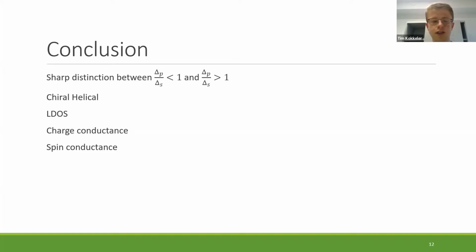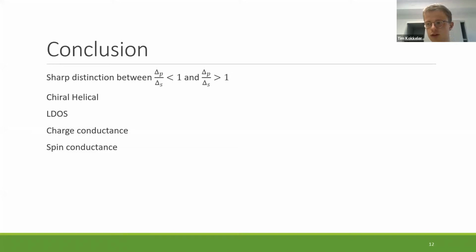For the local density of states and the charge conductance, we saw that the qualitative patterns are relatively similar for both cases, but there are some clear features, most notably the zero energy behavior, which is robust against the inclusion of a non-dominant component for the S plus helical P-wave case, and not robust against the inclusion of the non-dominant component for the S plus chiral P-wave case.